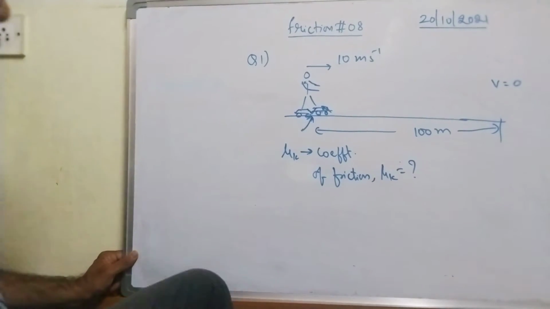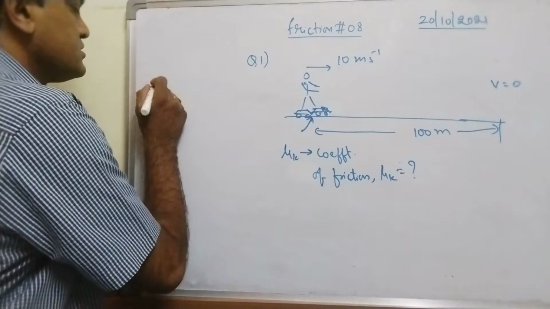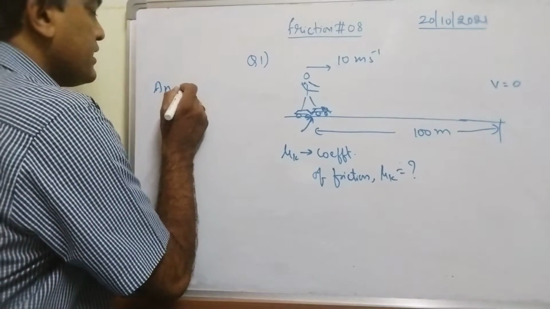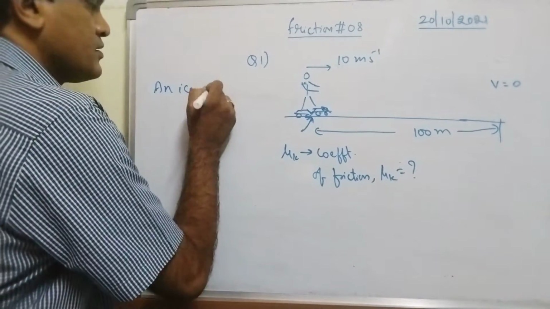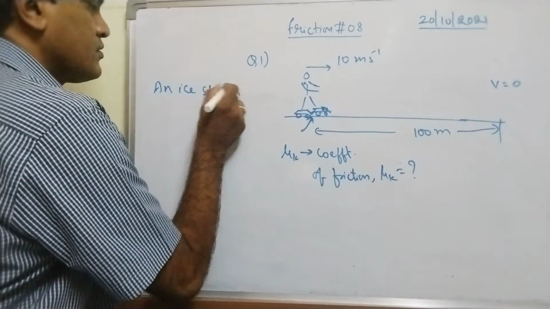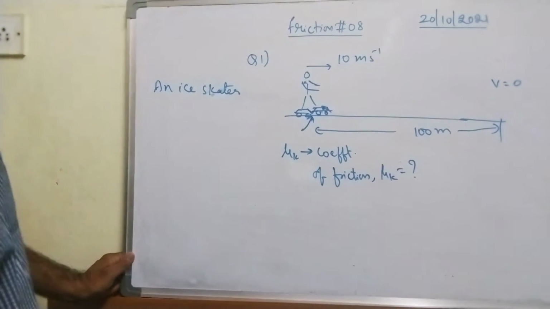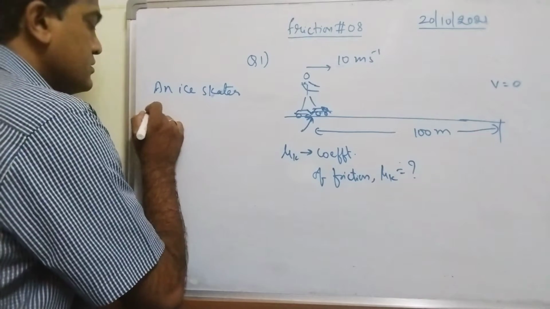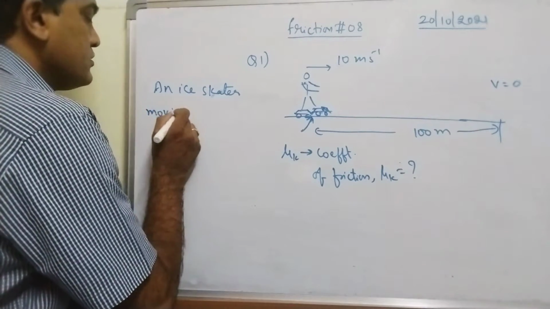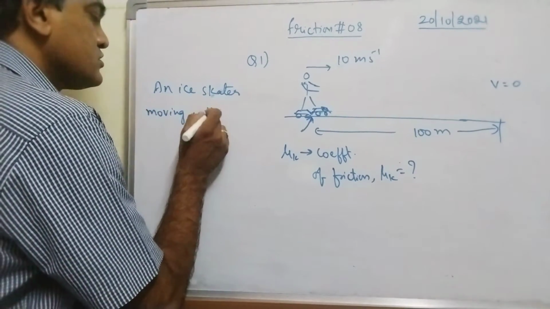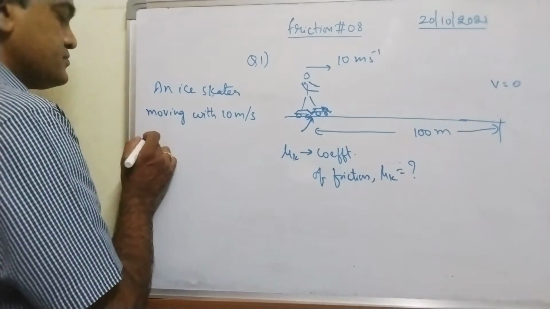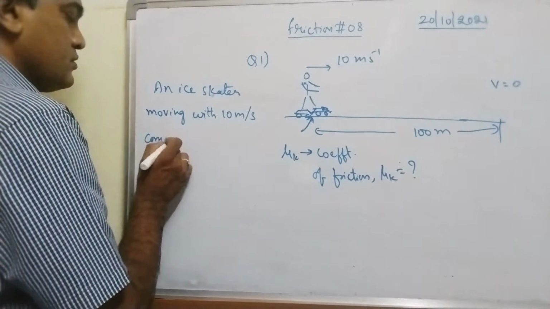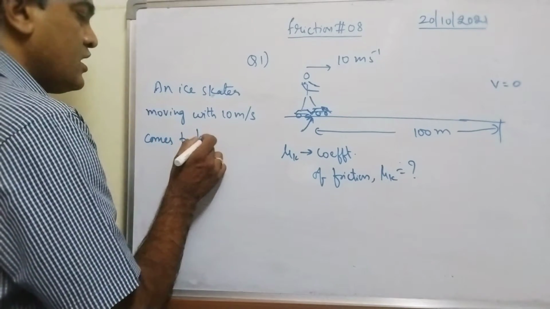Question is: an ice skater moving with 10 meter per second comes to halt.